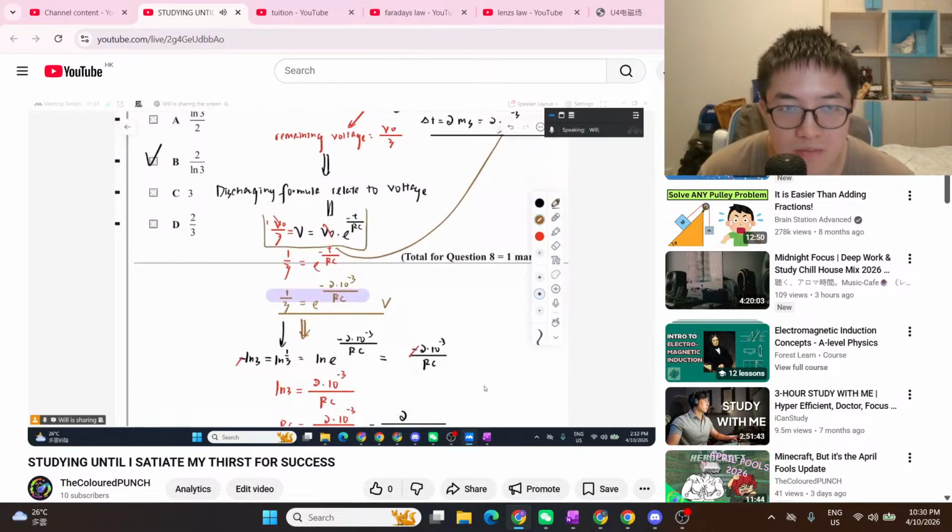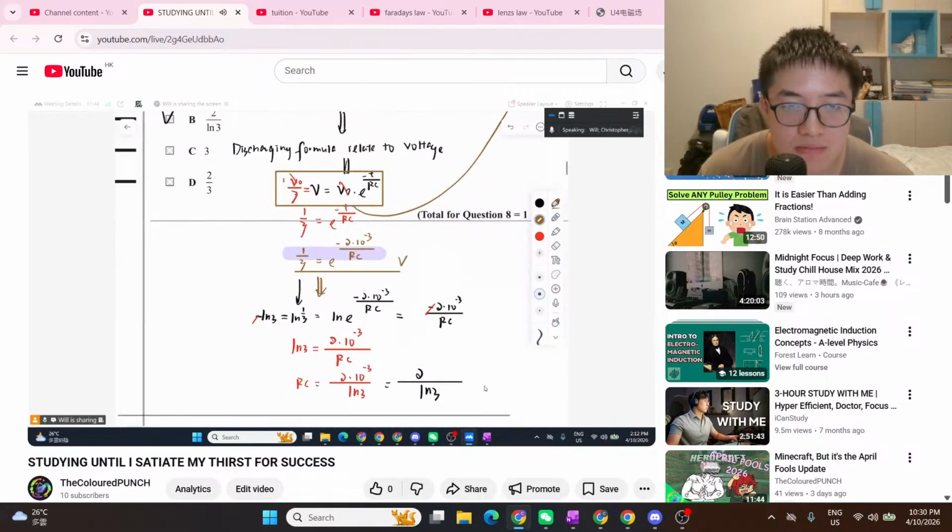This formula, discharging, right? Discharging relates to the potential. Understand that? And we take the known quantities into the equation, right? So we got this equation.